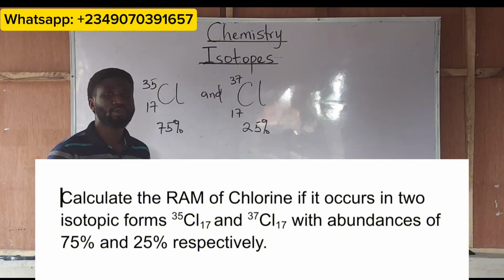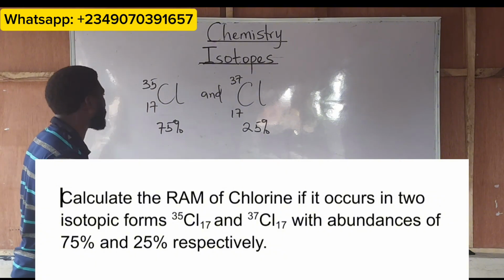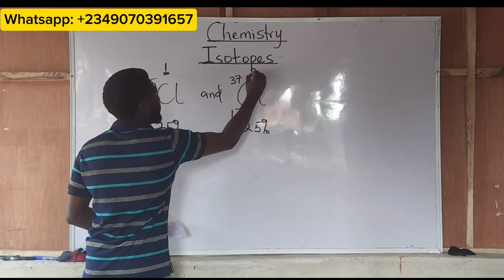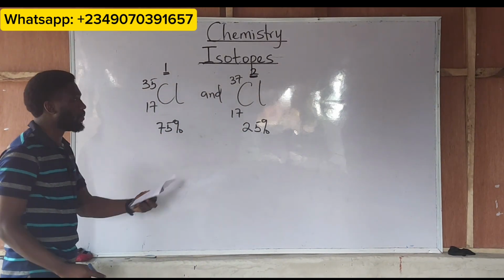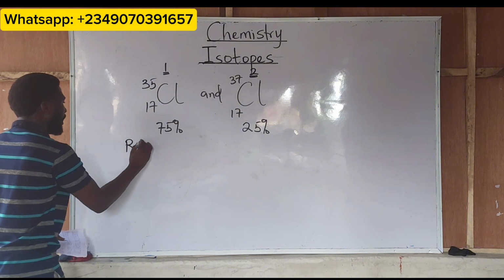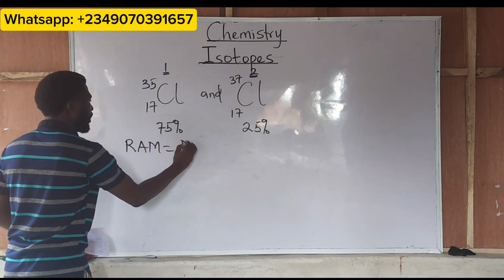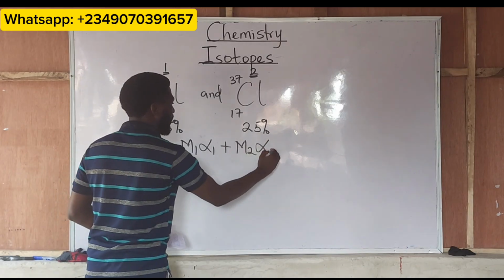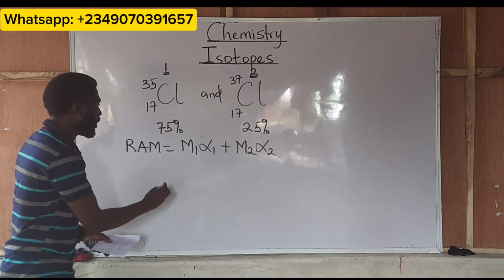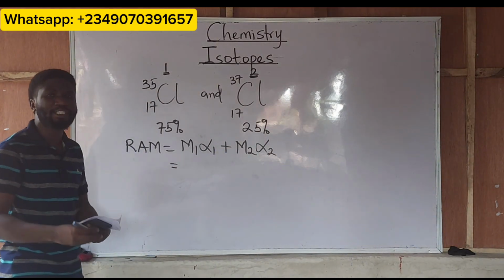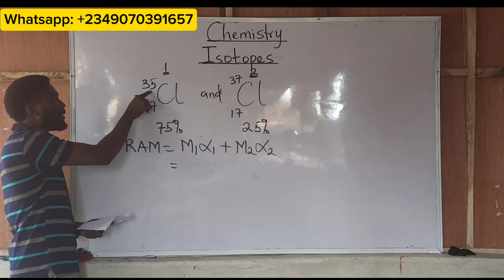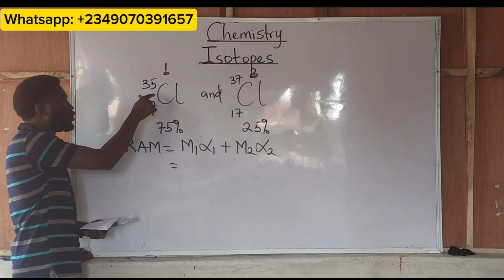So let's look into the question. Let's make this isotope 1 and here isotope 2. From the formula we said RAM equals M1 alpha 1 plus M2 alpha 2. What is M1? It is the mass number of isotope 1. This is isotope 1 and this is the mass number. Please do not use 17.